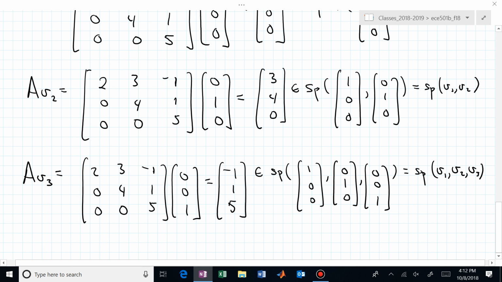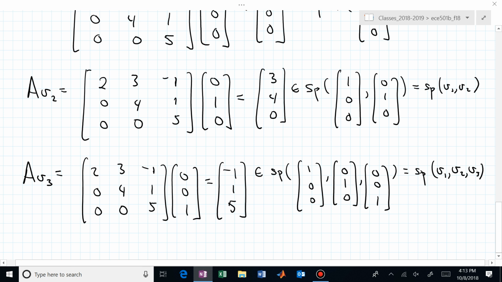I'm just saying that A V3, when I simply am pulling off the last column in an upper triangular matrix, essentially, I now have built up or have to use all of the vectors that span that space.